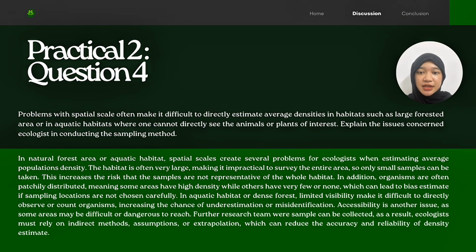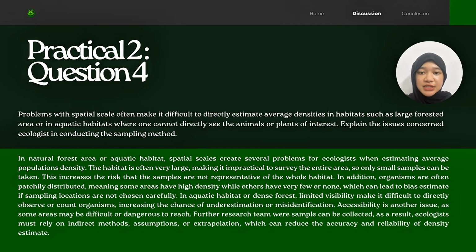Accessibility is another issue, as some areas may be difficult or dangerous to reach, further restricting where samples can be collected. As a result, ecologists must rely on indirect methods, assumptions, or extrapolation, which can reduce the accuracy and reliability of density estimates.